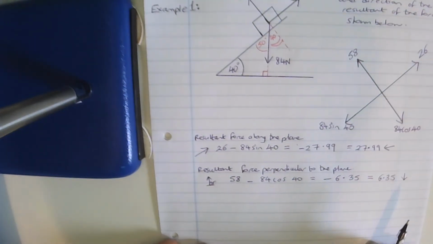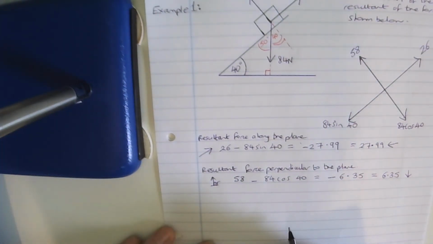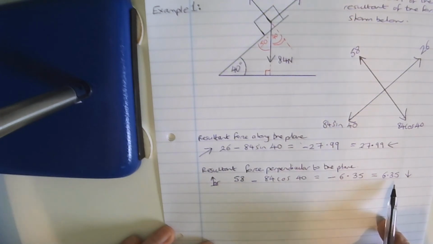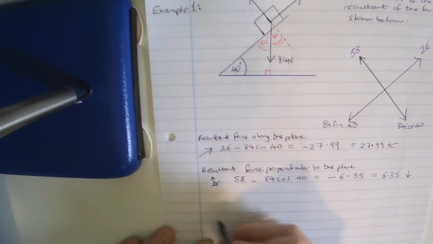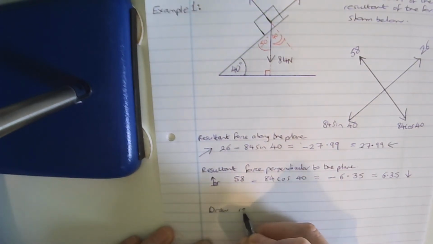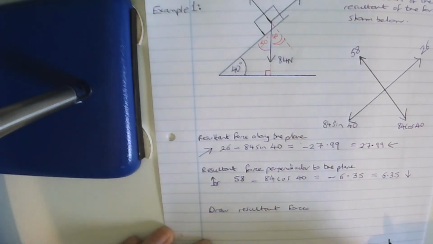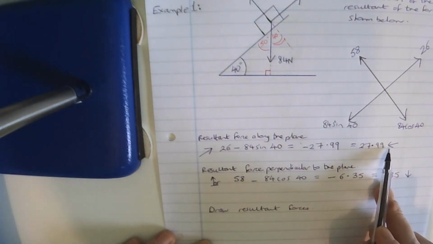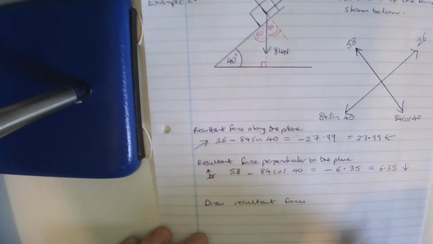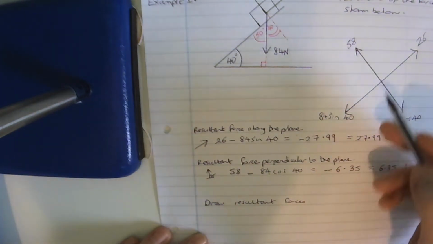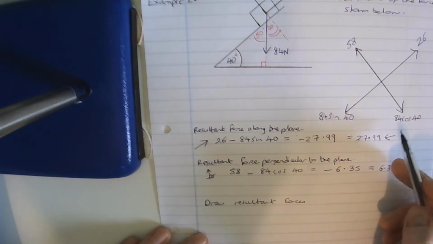Okay, now we're going to work out, find the magnitude and direction of this resultant force. So I'm going to draw the resultant forces in a diagram. Now I've got 27.99 going to the left. You can draw it at an angle if you wish. We'll draw it at an angle just to keep it the same.